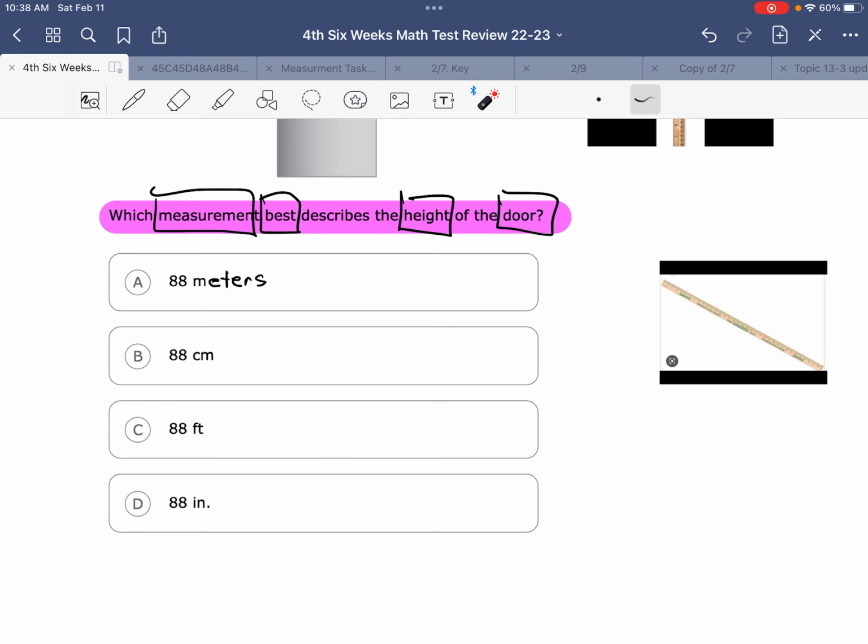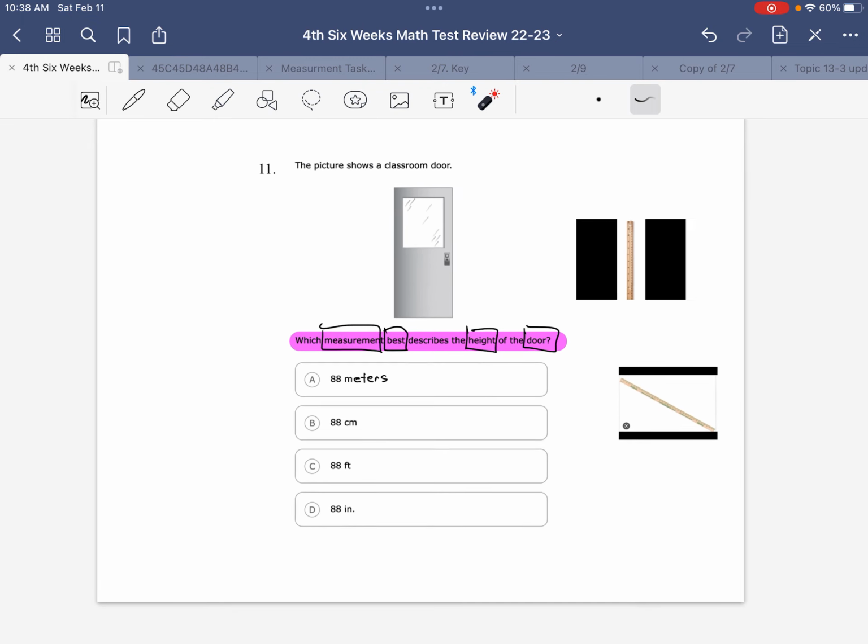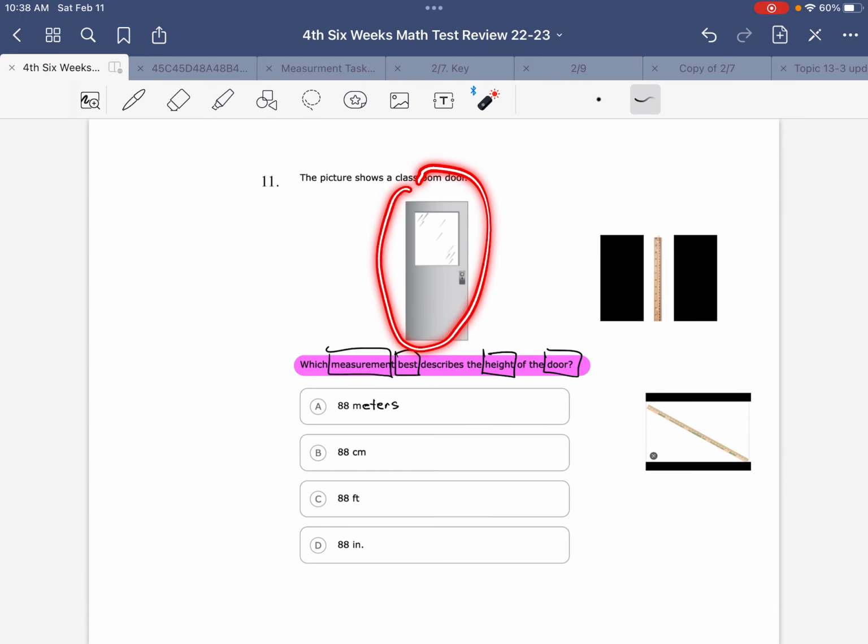So they're saying that you have something close to 88 of these. Imagine the yardstick. The yardstick is almost as tall as us. They're telling you that you have 88 of these, and that measures the height of this door. Okay, that is way too long. So I'm going to put here too long.